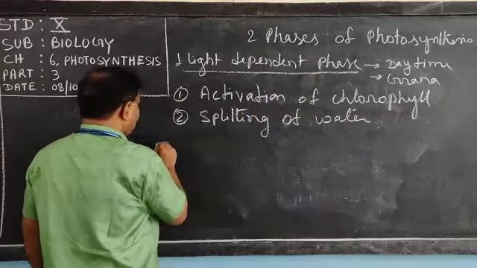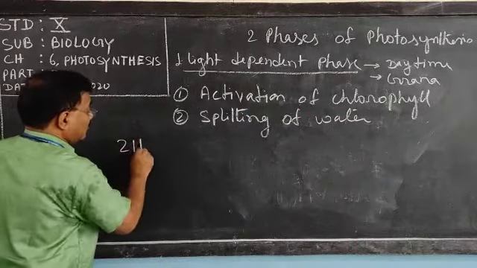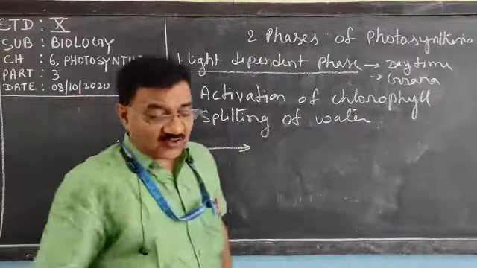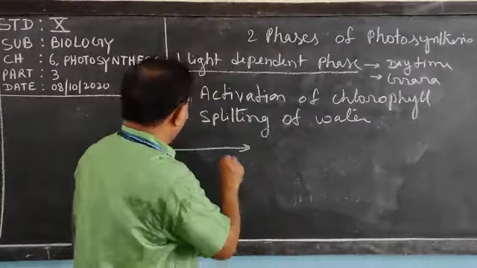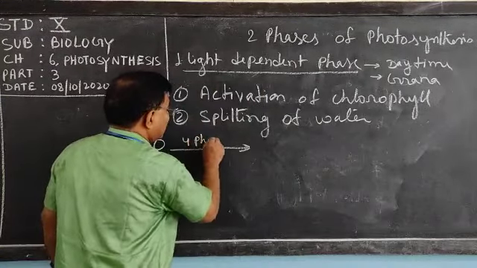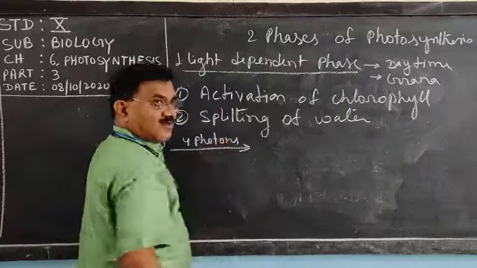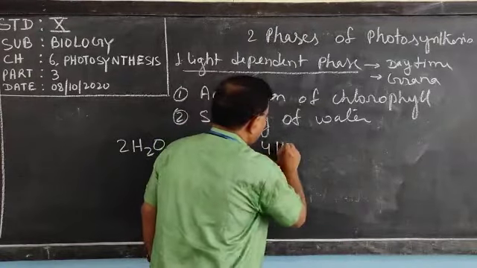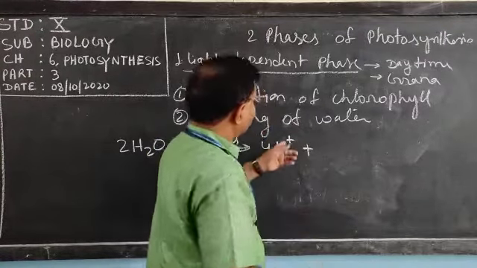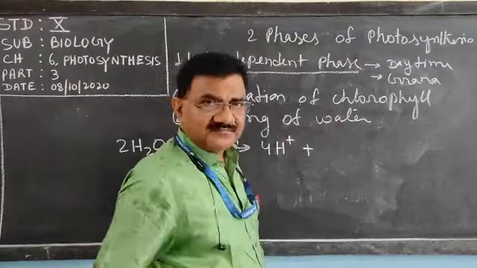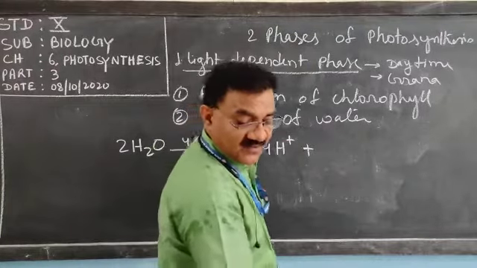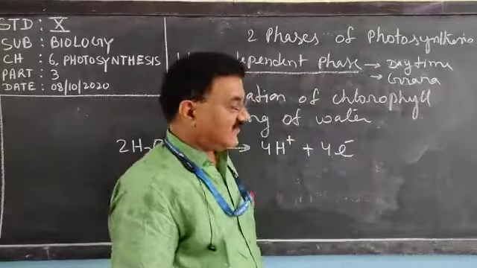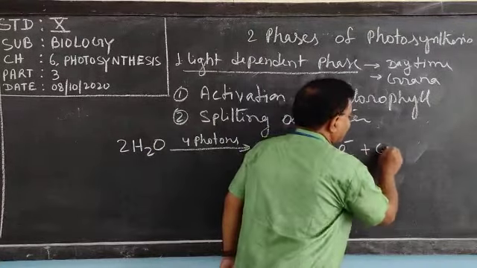Two molecules of water, 2H2O, in the presence of four photons, break to form hydrogen ions plus electrons, four electrons, which carry negative charge, and oxygen.